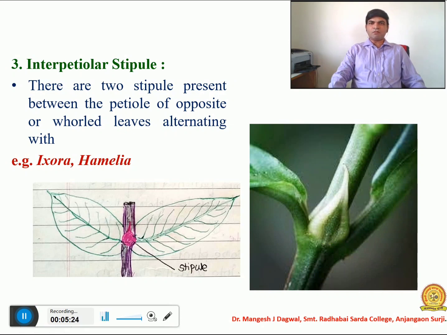That's why these are called interpetiolar stipules. This is found in Ixora or Hamelia plants. So this is the diagrammatic picture, where we can see the presence of the interpetiolar stipule.